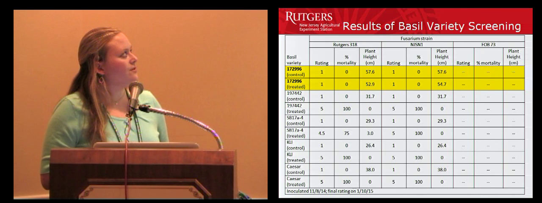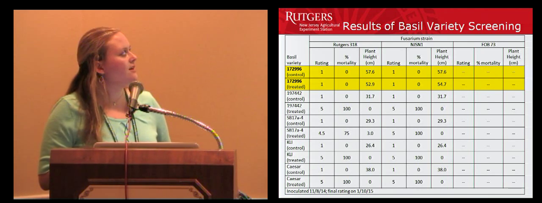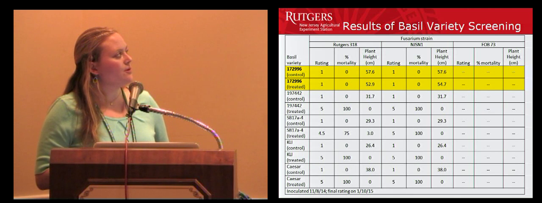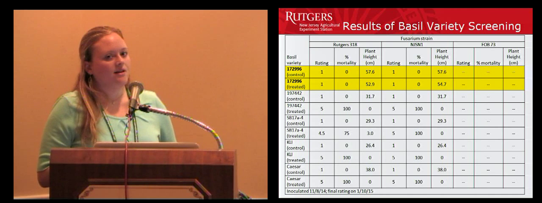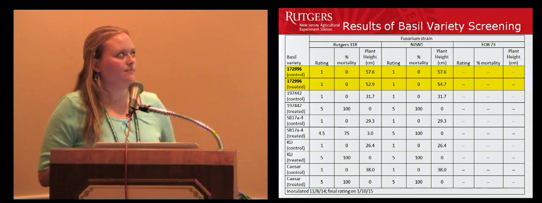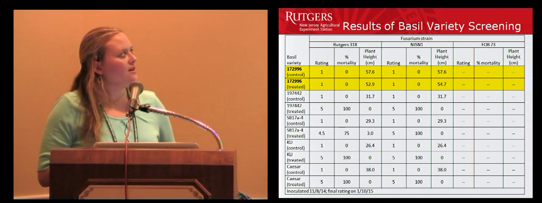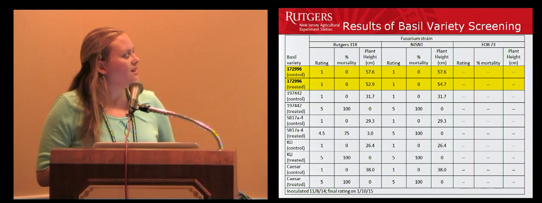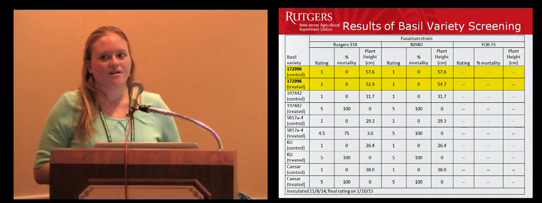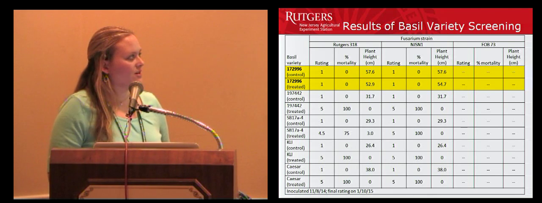This also looked well for Fusarium resistance, where there was 0% mortality in the control and the treated. They both held up. And also with the plant heights to show that they weren't stunted. They have similar plant heights also. But with a lot of the other varieties that were tested, they showed 100% mortality, or pretty high mortality, compared to the untreated control.